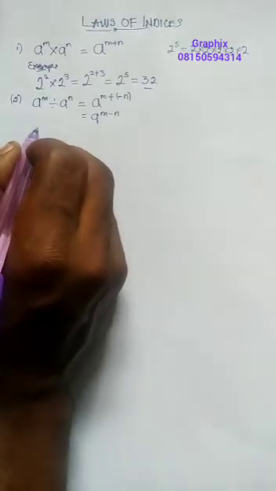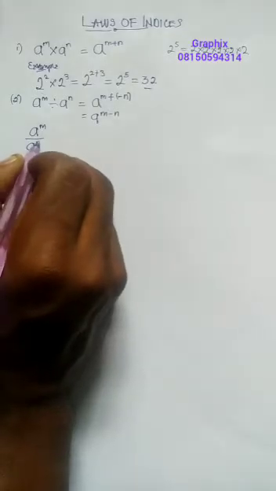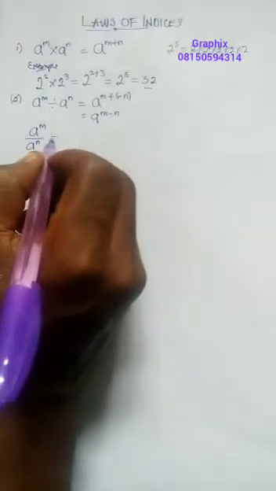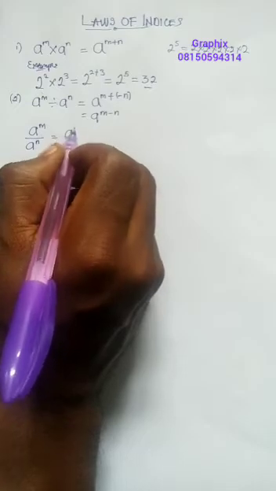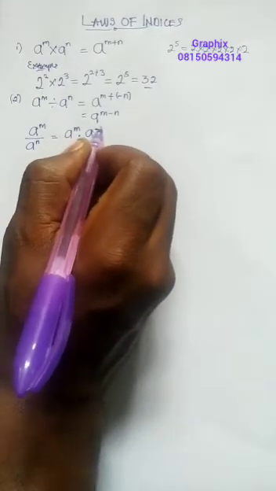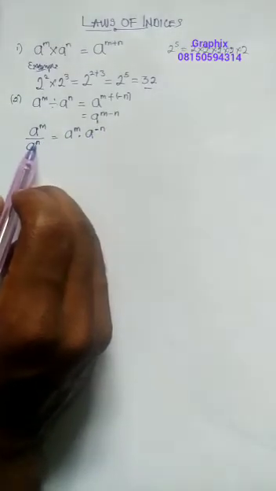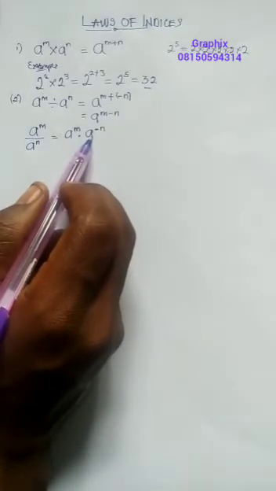Similarly, if I have a to the m all over a to the n, it's still the same thing. This will give me a to the m times a raised to the power minus n. Now when this is coming up, it will attract a negative sign because it's coming up to meet a. Is that okay?